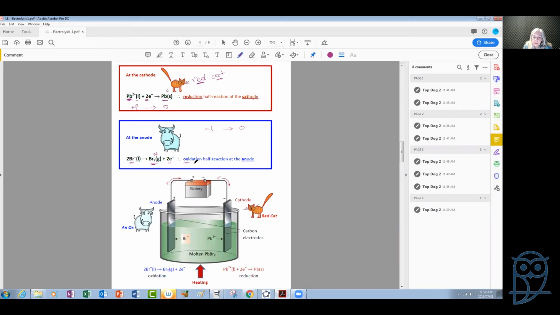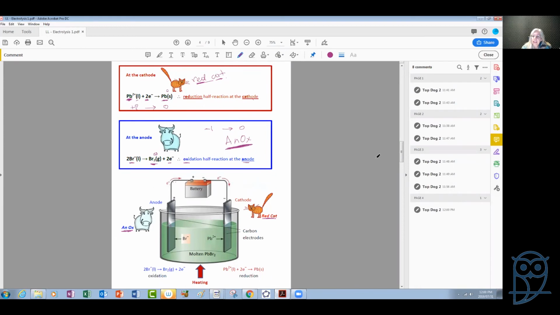Oxidation always happens at the anode. How do we remember that? We say an ox, to remind us. So there's the red cat and an ox. Oxidation happens at the anode and reduction happens at the cathode. I like the red cat and the an ox.